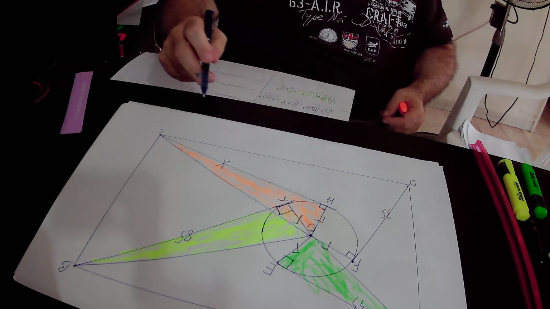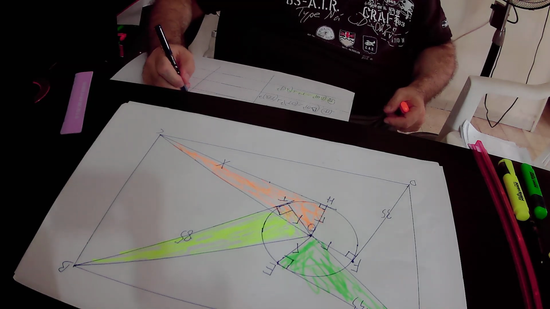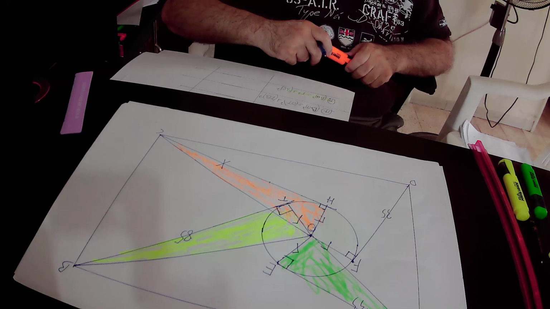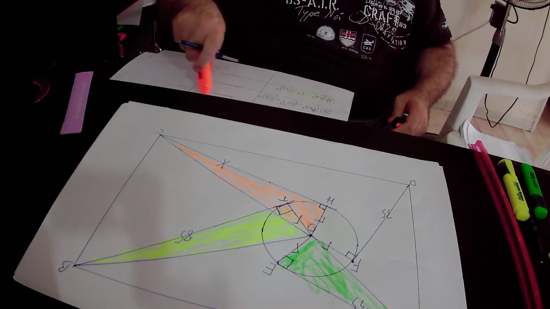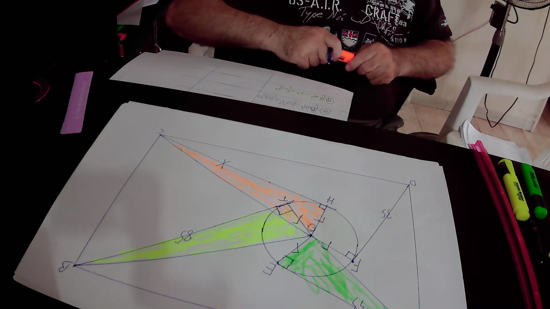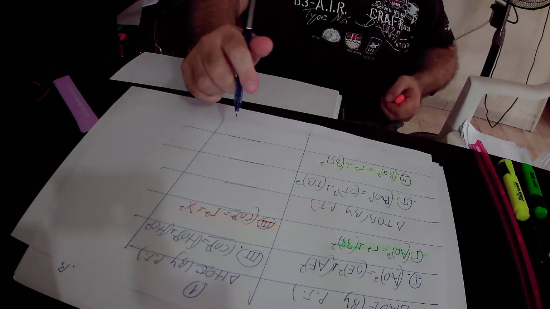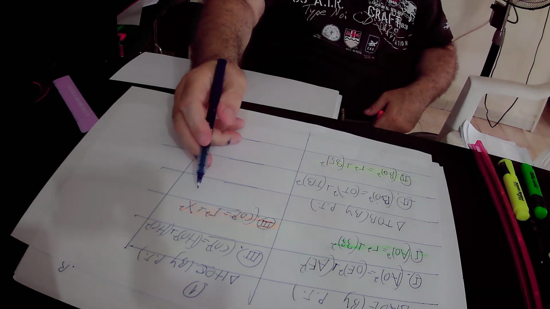Edge C equals X, that is the line segment that we are looking for, so edge C squared is X squared. So in conclusion, we found out that according to equation number 3, CO squared equals R squared plus X squared.